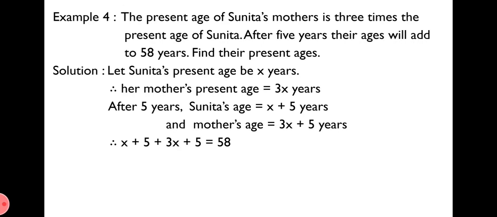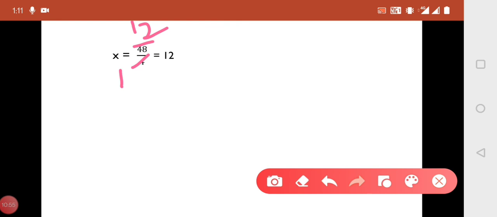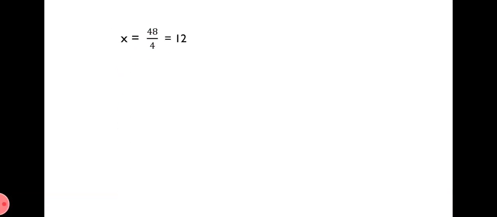Further solving, we get 4x plus 10 equals 58. Let's transpose 10, that is 4x equals 58 minus 10, that is 4x equals 48. Again we transpose 4 to the opposite side, so multiplication becomes division, and we get x equals 48 upon 4. We can reduce this: 4 ones are 4, 4 twos are 8, so 12 fours are 48, so we get x equals 12.